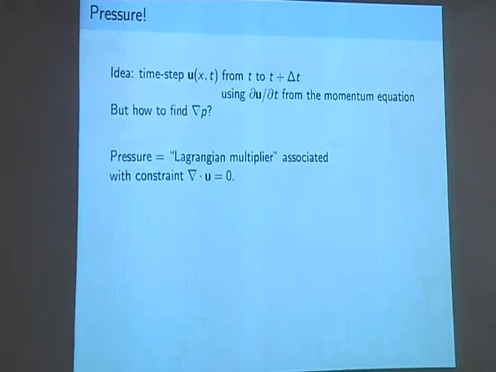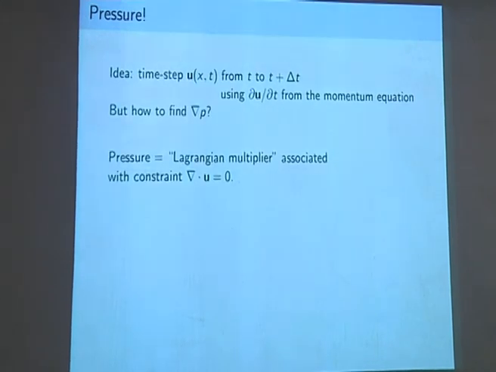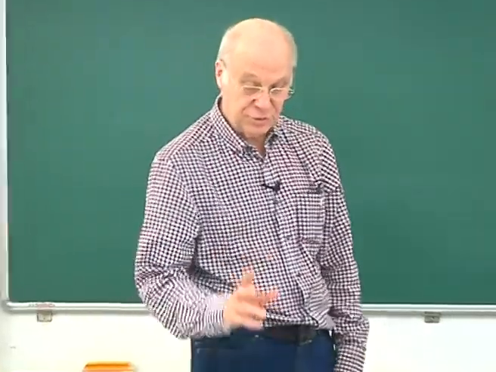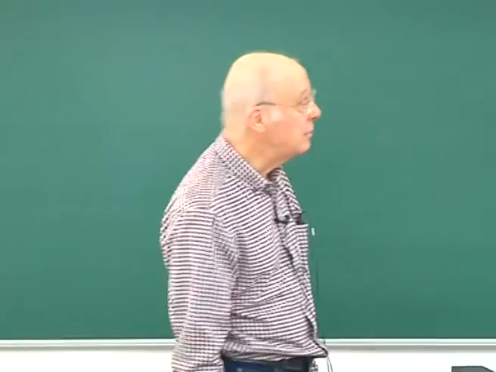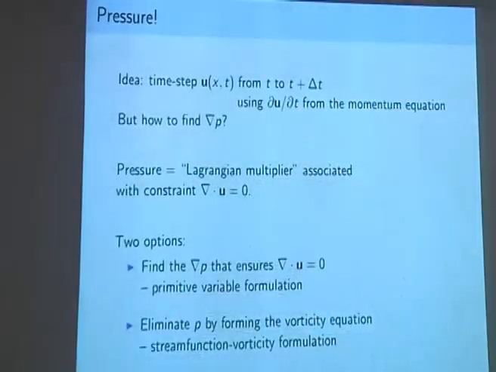Okay. So the first approach we'll do is we'll have a description of the world which doesn't have div u not 0. So there are two options. Finding the pressure is called the primitive variable approach, and eliminating the pressure is going to be a stream function vorticity. If I introduce a stream function, then the divergence of velocity is 0 automatically.